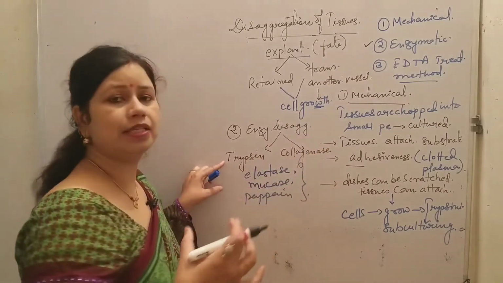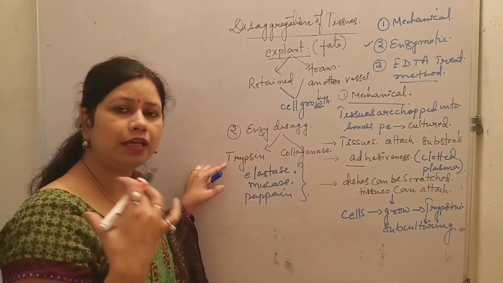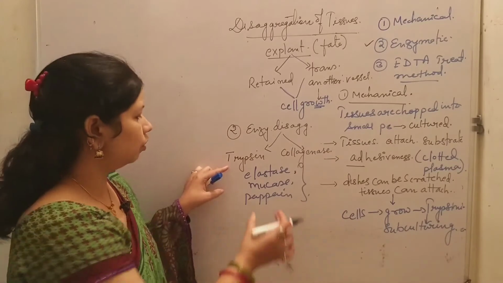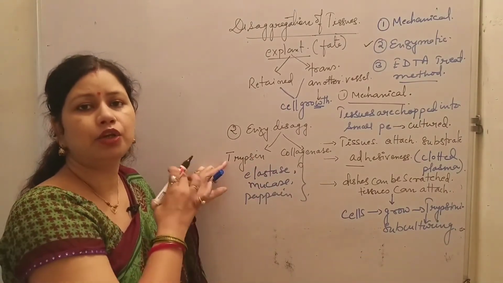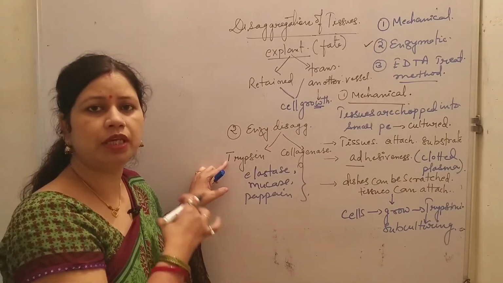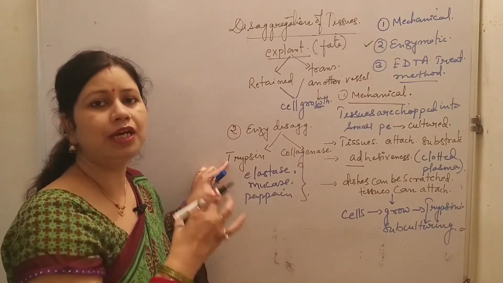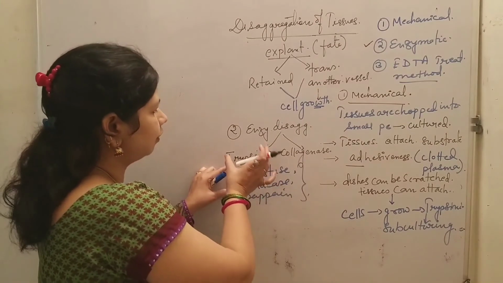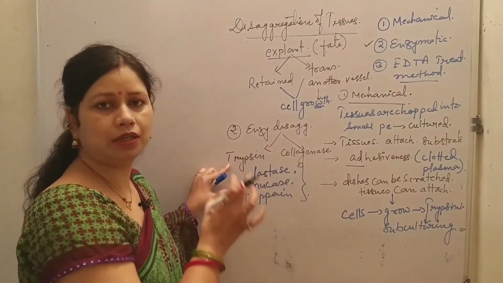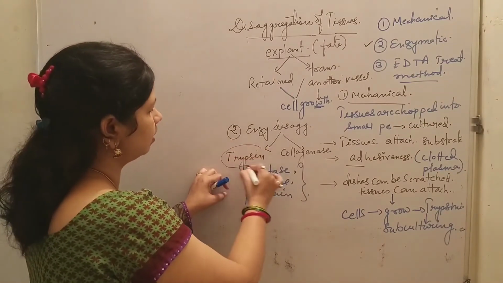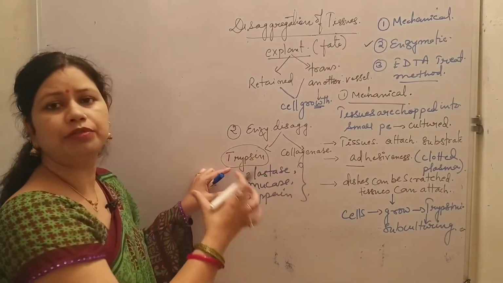Now the question arises, why trypsin? What are the advantages of trypsin? Trypsin is basically used because most of the cells can tolerate it, and it is generally effective for all types of tissues also. So these are the two main advantages, and that's why trypsin is the most commonly preferred enzyme.